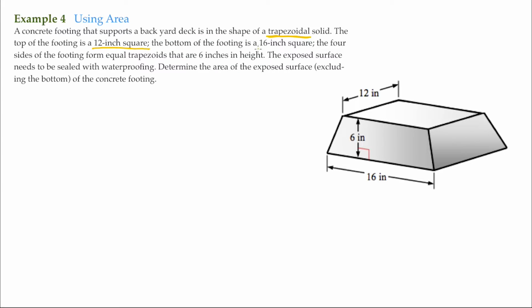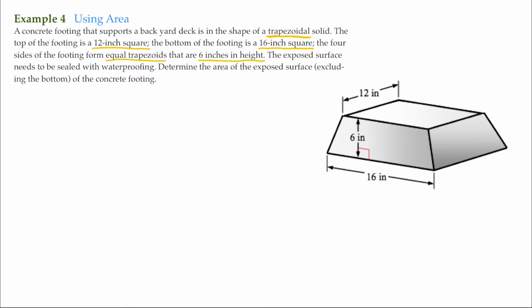We also have a 16-inch square right here, and then the sides are all equal trapezoids, and they have a 6-inch height. So we need to find the area so that we know how much waterproofing is going to go on here. So here we have our square right here.